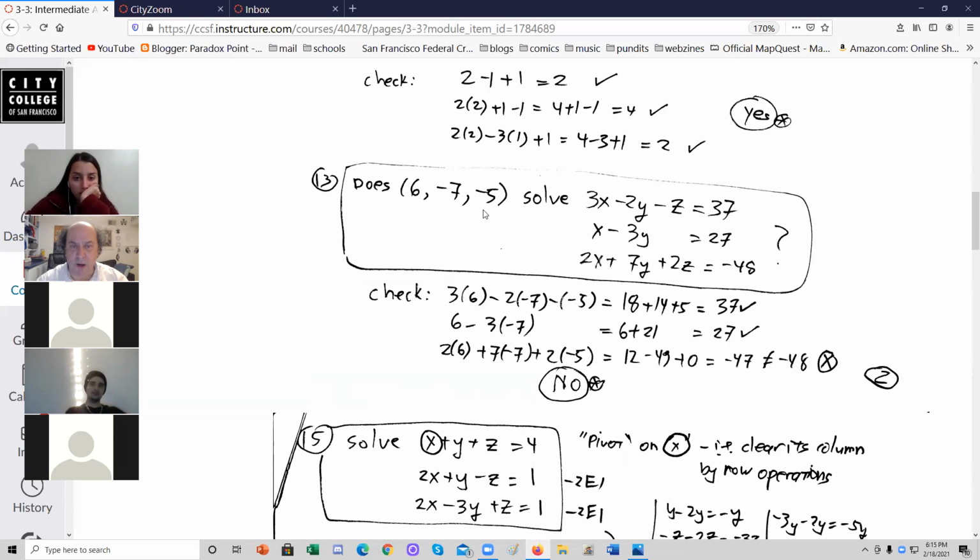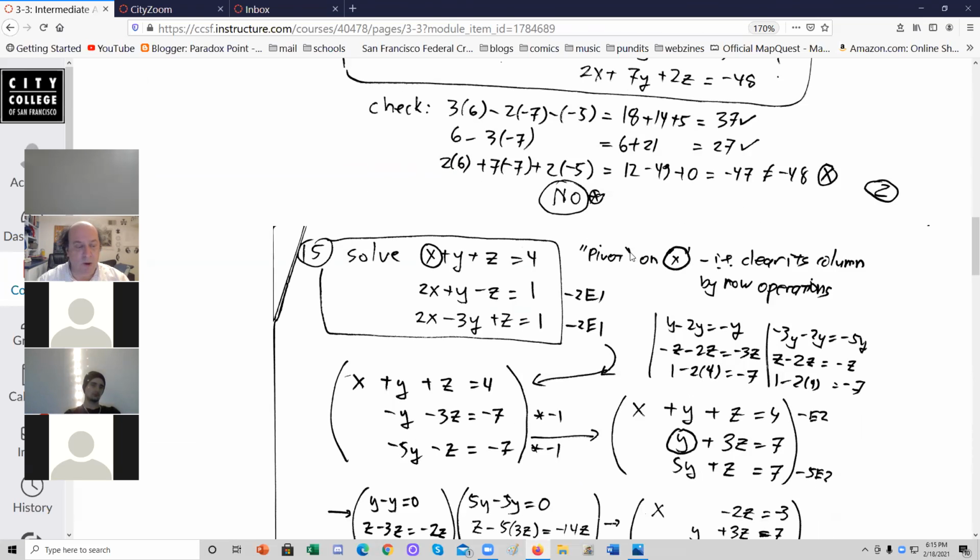But in the third equation, 2 times 6 plus 7 times negative 7 plus 2 times negative 5, you get negative 47, which does not equal negative 48. So it does not fit the third equation, and therefore does not fit the system. The number triple has to fit all three equations.